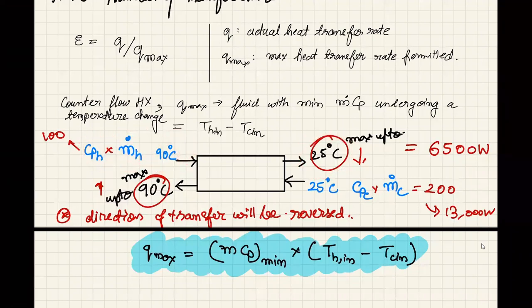Please keep my words very clear: the delta T that I can achieve for hot stream and cold stream, and I can just take the product of them. I put in some numbers, because numbers make things easier to understand. Let's say this product is 100 and this one is 200; it could be some units of Cp and mass flow rate. So this is 100, this is 200. What is the maximum delta T? 65, that is 90 minus 25. 65 times 100 will be 6500.